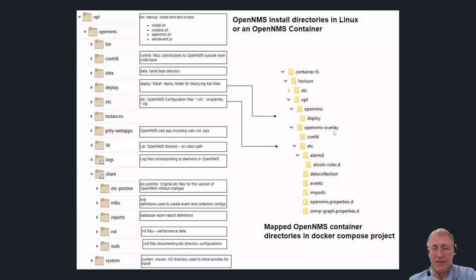They will not change in OpenNMS overlay if they're changed within OpenNMS because there's no direct link between those two folders. The OpenNMS deploy directory, however, is directly linked to the deploy directory for the Karaf container. So any files that are dropped into deploy will end up in the OpenNMS deploy directory and will spin up a new plugin if it's a KAR file containing a plugin.